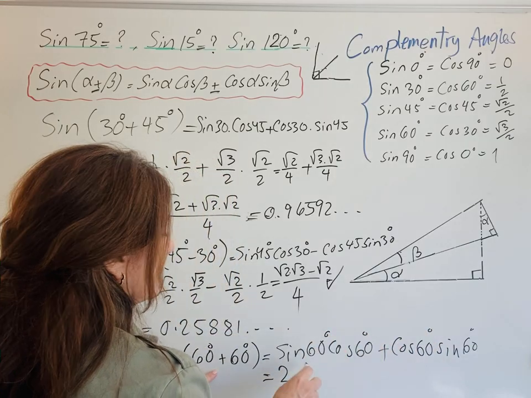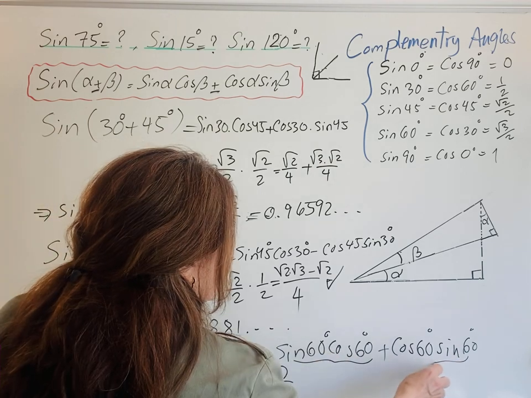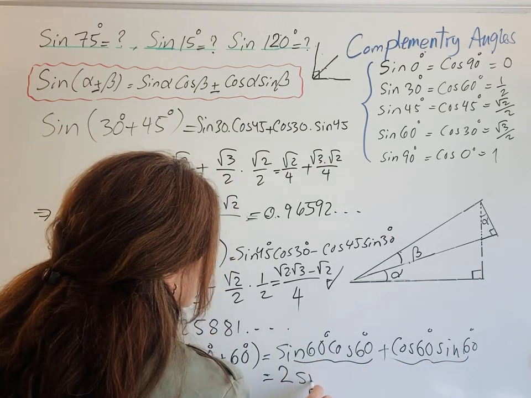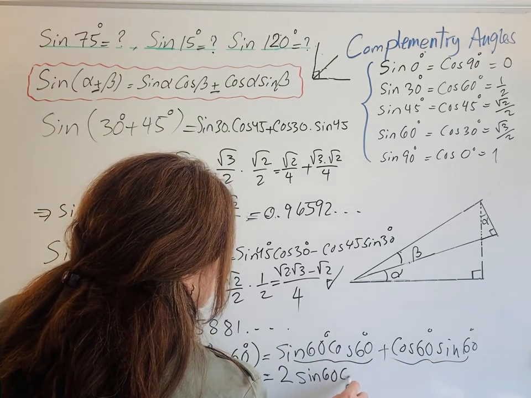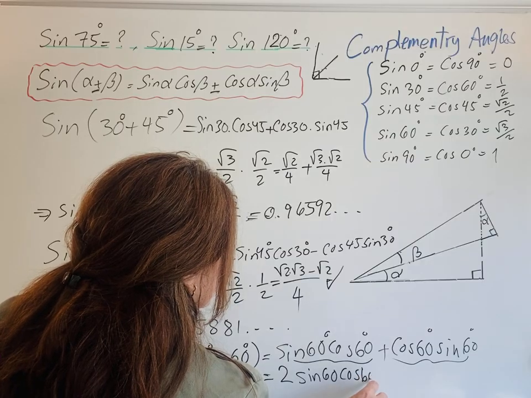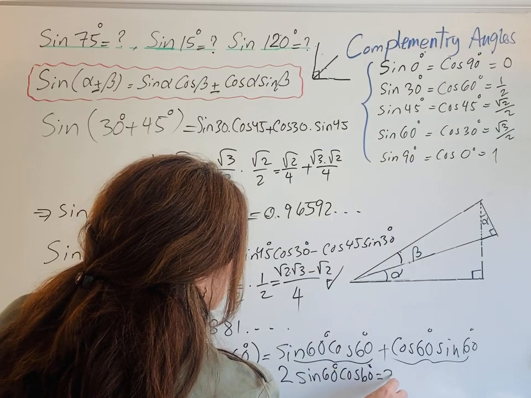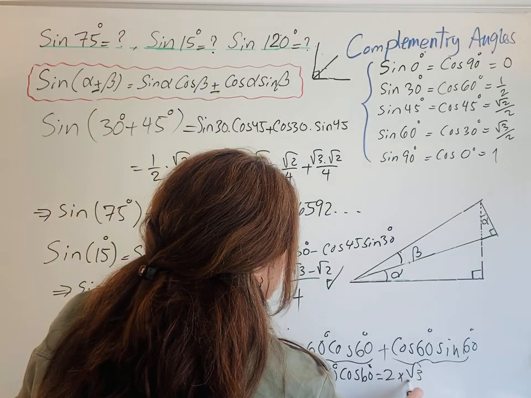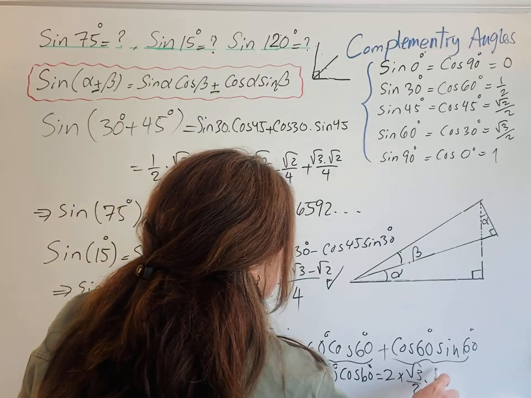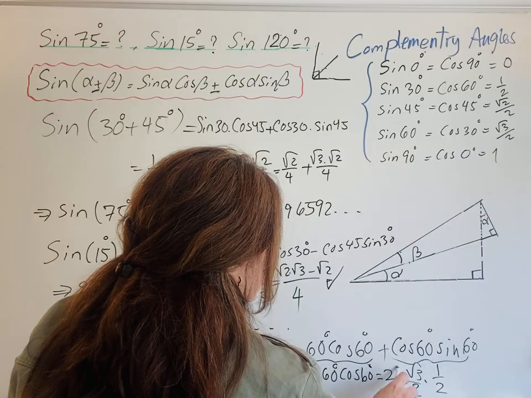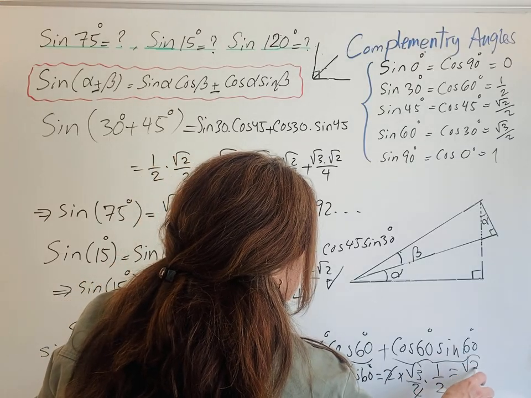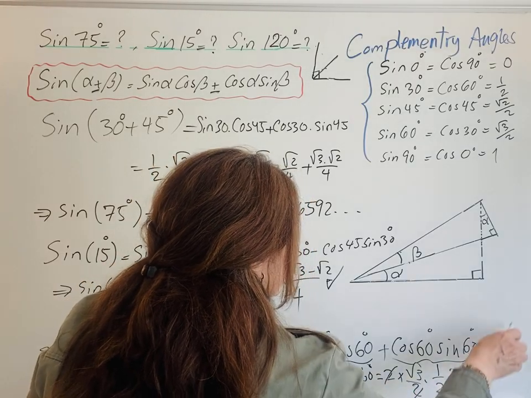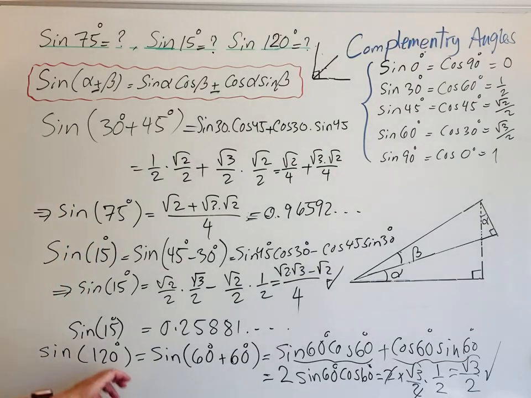I can say 2 times, because these are the same thing, right? 2 times sine 60 cosine 60. Cosine 60 is half, sine 60 is radical 3 over 2. Radical 3 over 2 is the final answer.